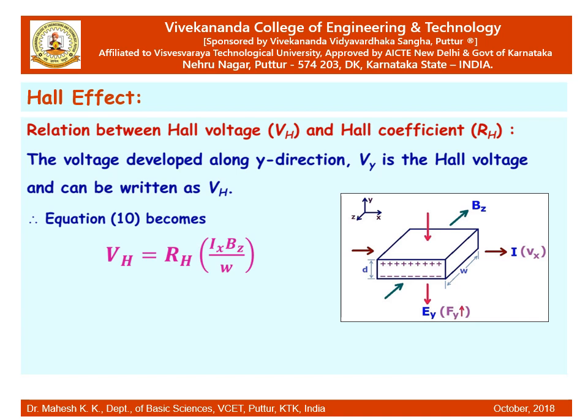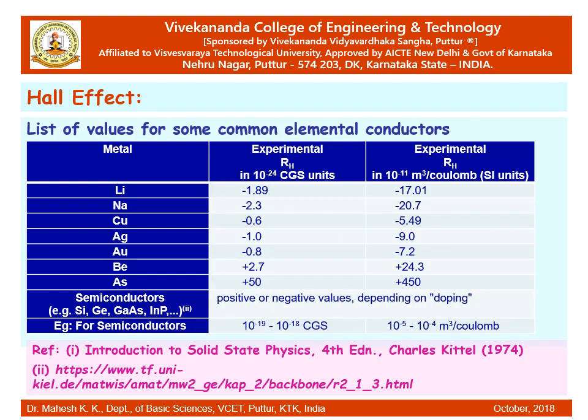From the above equation in the previous slide, we can get the expression for Hall voltage, that is VH is equal to RH into Ix Bz divided by W, which you can understand better by referring to the notes. Here you could view some of the RH values for a few materials. Lithium has minus 1.89, so the carriers are electrons. For copper, for example, it is minus 6 into 10 to the power minus 24.